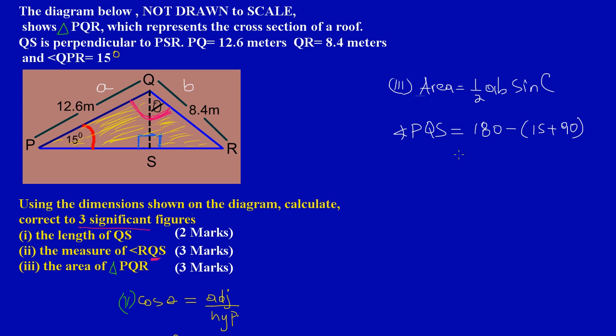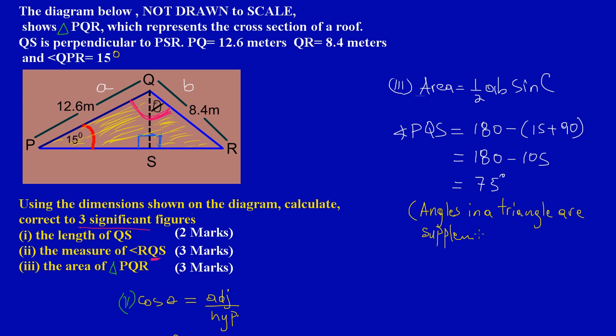This would be equal to 180 minus 105, so that would be equal to 75 degrees. Now this is a geometric concept, so we have to give our reason. The reason is angles in a triangle are supplementary, so we can state angles in a triangle are supplementary. Remember, any geometric value you work out, you have to give a reason for that.